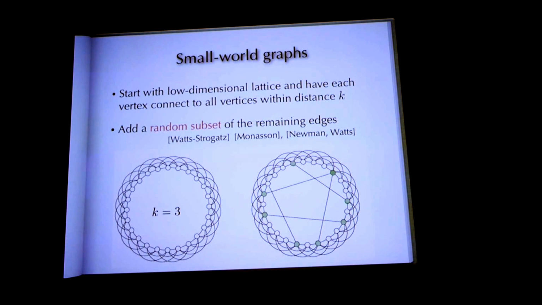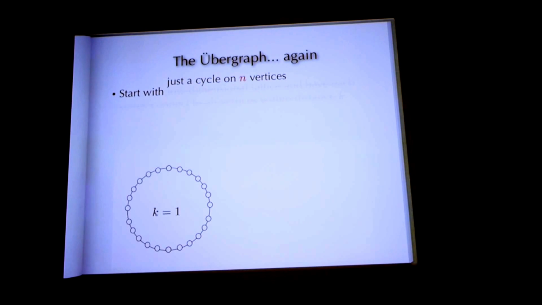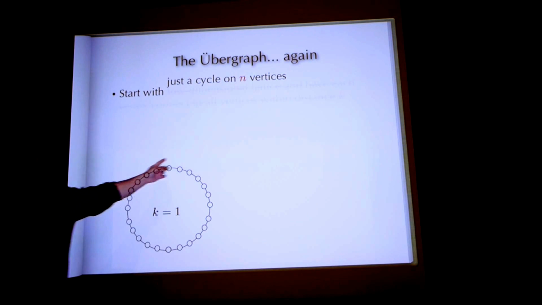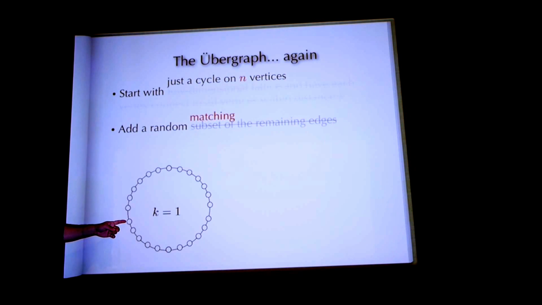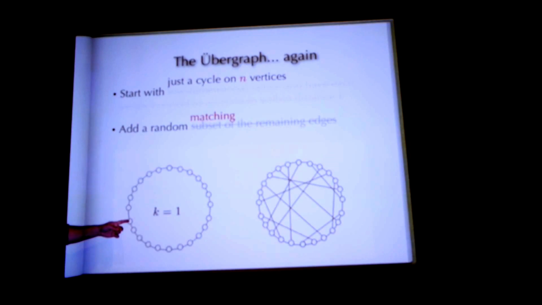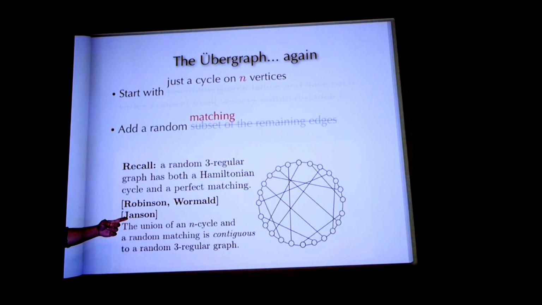But the truth of the matter is, even if I take this and strip it down to just a circle, and the only edges I add are a matching, what I get is a random 3-regular graph. And that's a deep theorem.